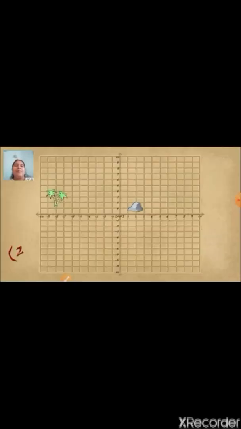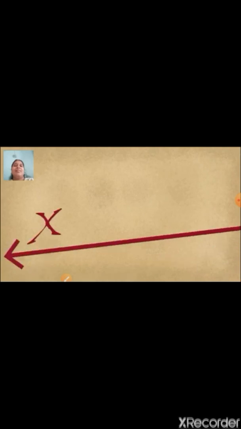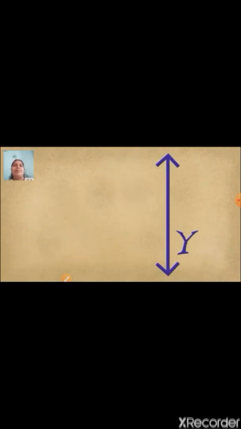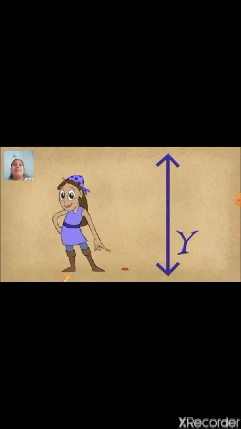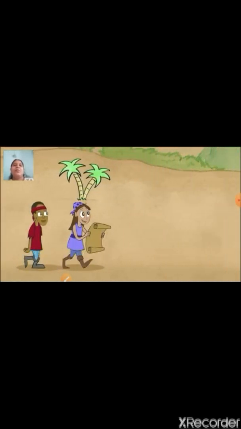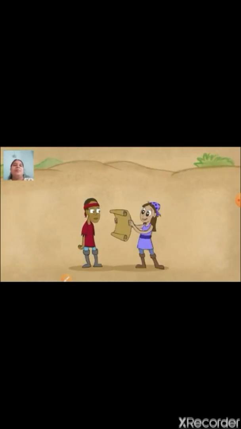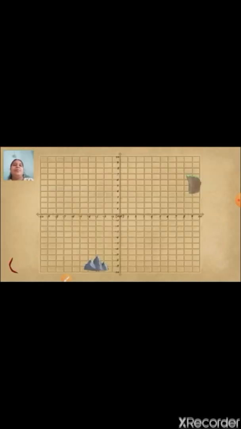To plot the coordinates 2, 1, go right 2, jump up 1, and you're done. To plot negative 8, positive 2, go left 8, up 2, that's what we do. On the x-axis, count left or right. On the y-axis, count up or down. That's how our coordinates point is found. To plot the coordinates 9, 5, go right 9, up 5.